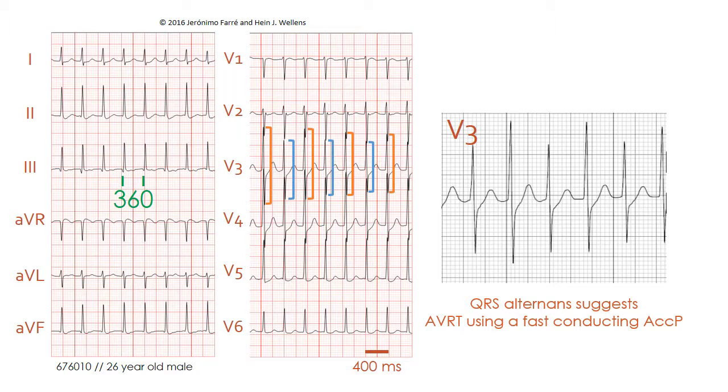The presence of QRS alternance during a regular narrow QRS tachycardia suggests an atrioventricular reentry tachycardia as the underlying mechanism, an AVRT using a fast-conducting accessory pathway.